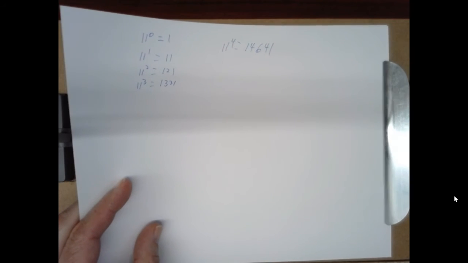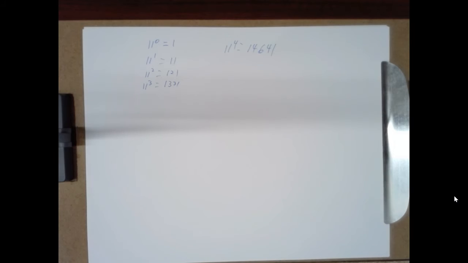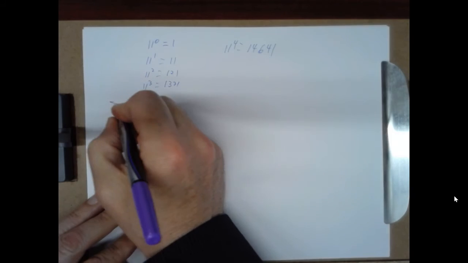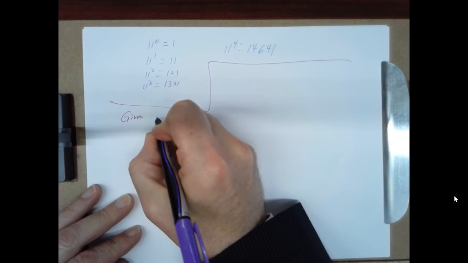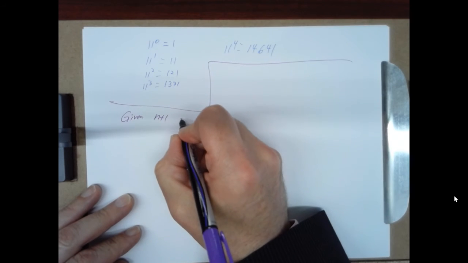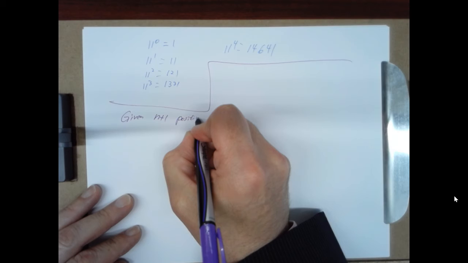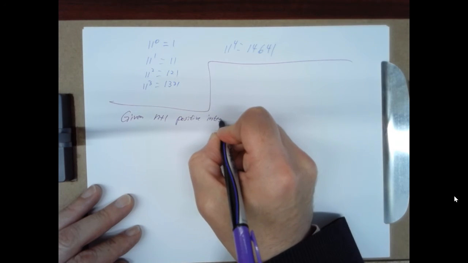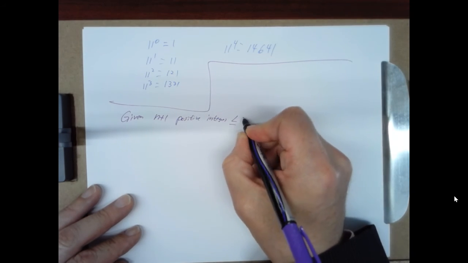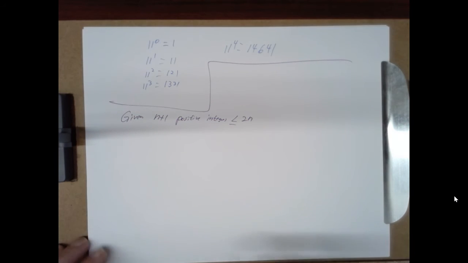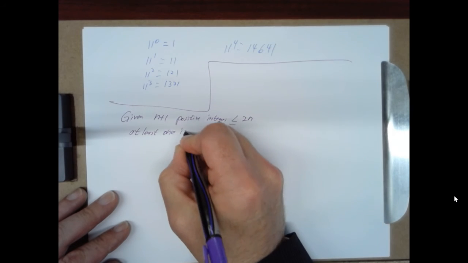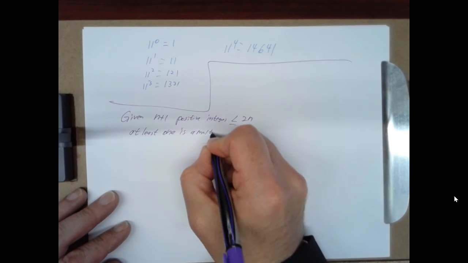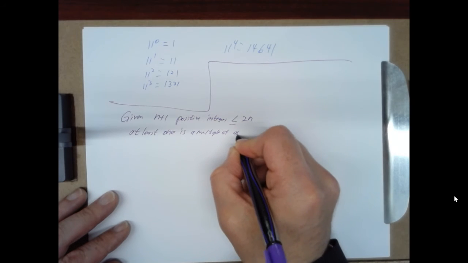We got 4 minutes. Let me give you one other pigeonhole principle application. Given n plus 1 positive integers, each less than or equal to 2n, at least one is a multiple of another.